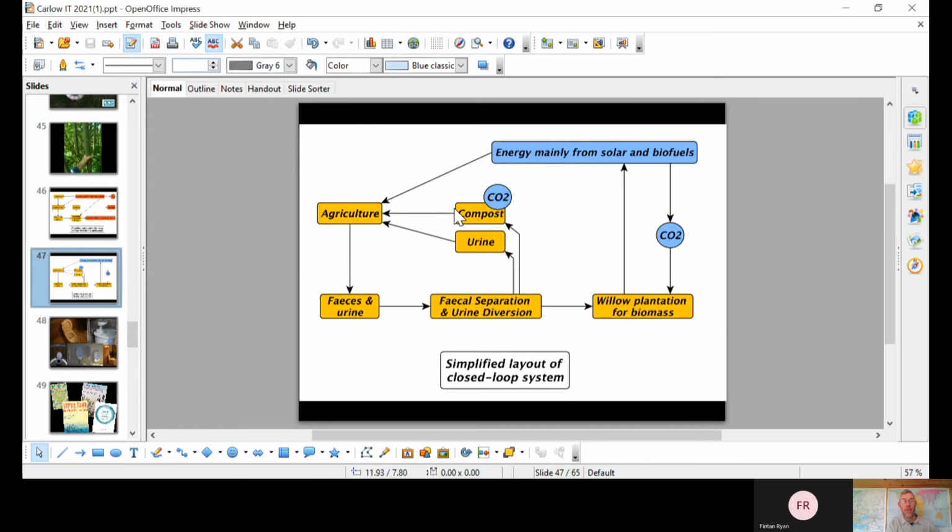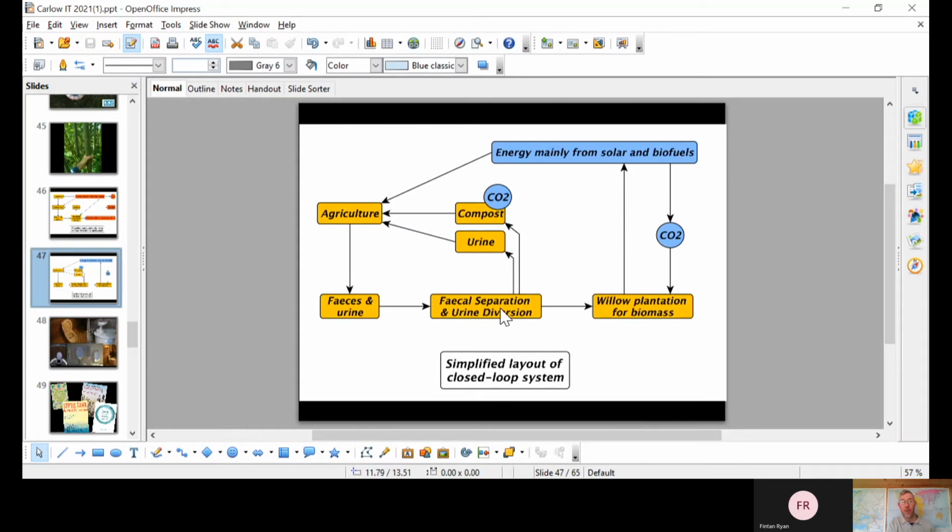So that's a carbon sequestration cycle already in process. If we can compost that and return it to agriculture, the carbon yields within that process are about twice as much as the carbon yields from composting sewage sludge. So there's a lot more carbon sequestration potential than we're currently utilizing in our agricultural systems.